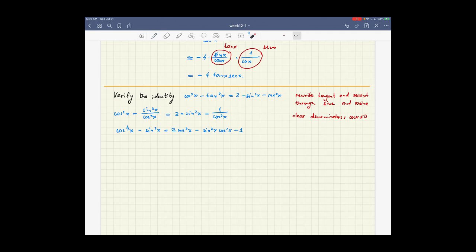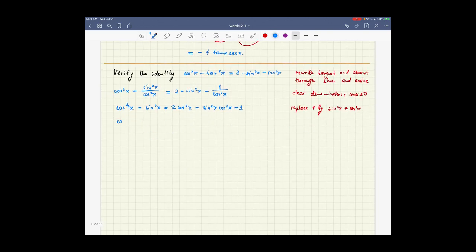Now it seems reasonable to replace 1 by sine squared plus cosine squared. So that'll give me cosine to the fourth x minus sine squared x equals 2 cosine squared x minus sine squared x cosine squared x minus cosine squared plus sine squared.